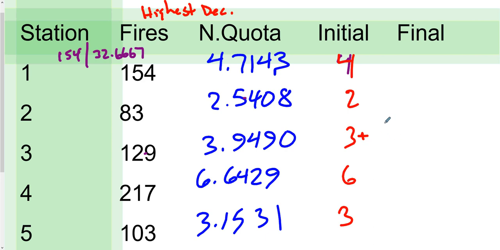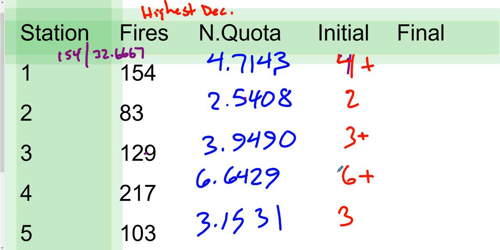You can do a check mark or +1, however you want to do it. What's next? 0.7143 plus, and then finally 6.6429 plus. Those three stations have earned an extra fire truck.